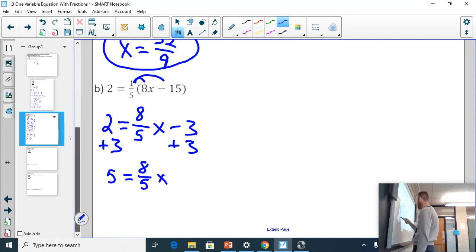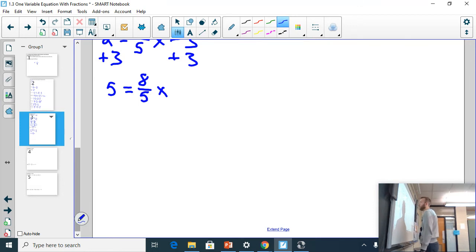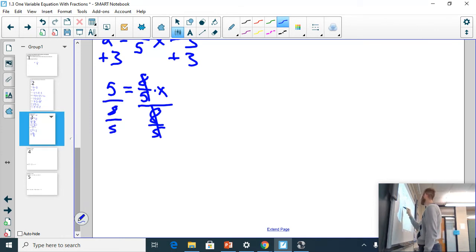And now there's kind of two ways to go about this, right? We can get rid of that 5 and multiply by 5, and we'd still have 8x. But I'm going to divide, right? Because we have 8/5 times x, I'm going to divide by 8 over 5, because 8 over 5 divided by 8 over 5, something divided by itself, is just 1. But what happens when I divide 5 by 8 over 5?